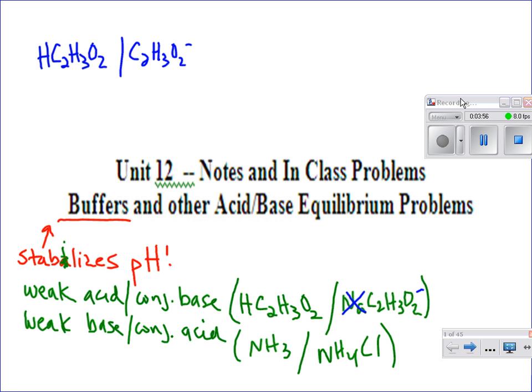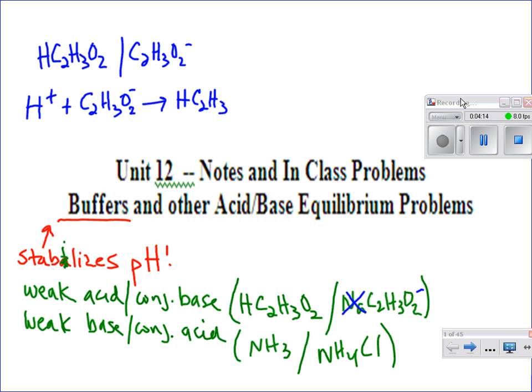Okay? If I injected you with acid in your bloodstream, that H+ would react with what part of the buffer system above? The conjugate, correct. And what would it make? It would make acetic acid.